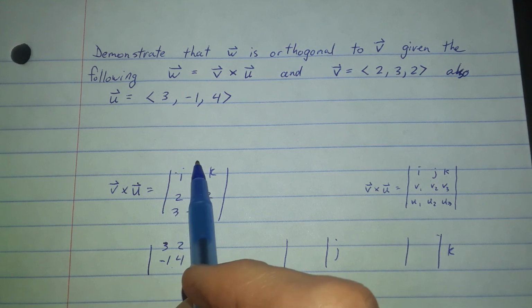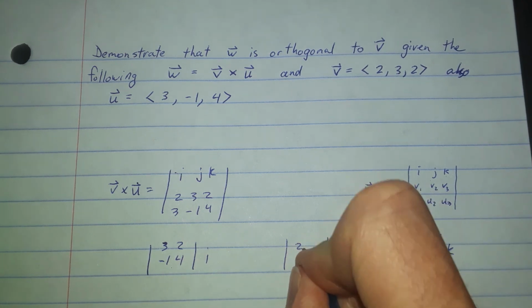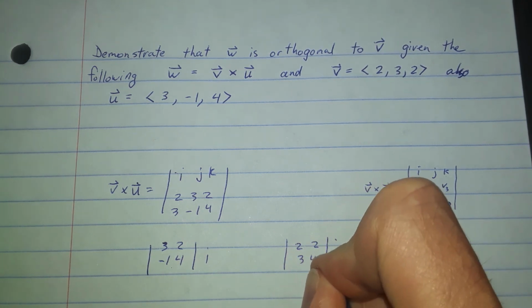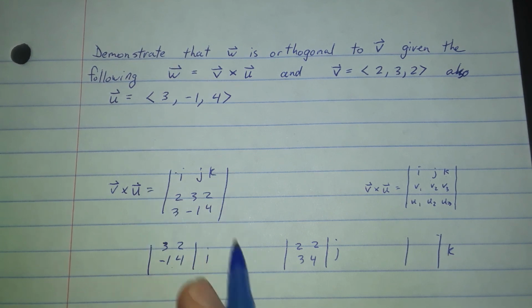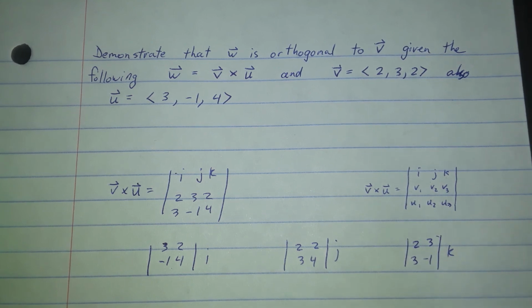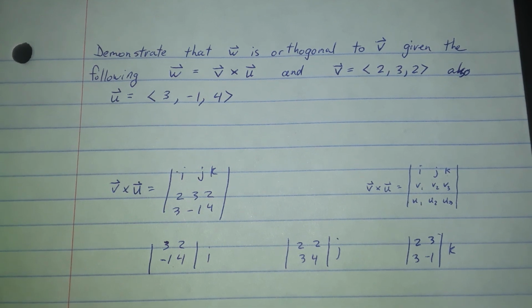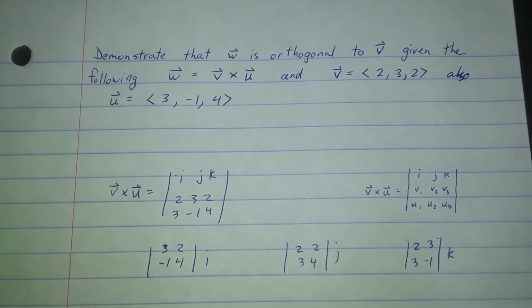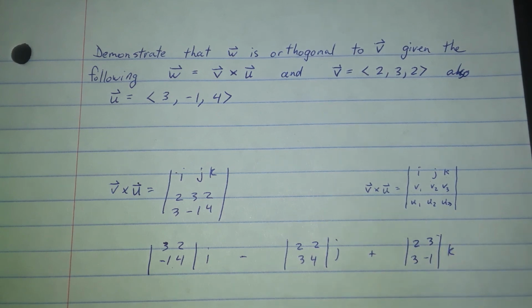If I'm looking at j, I'm taking out the column that contains j, the top row, and so I have 2, 2, 3, 4 that haven't been eliminated, and then k, take out the k column, top row, and I have 2, 3, 3, and negative 1 here. Alright, so hopefully this is a fairly standard high school version of a determinant. We're going to have a negative and a positive here.